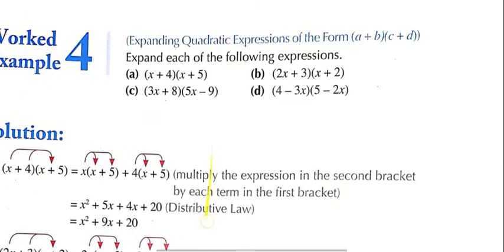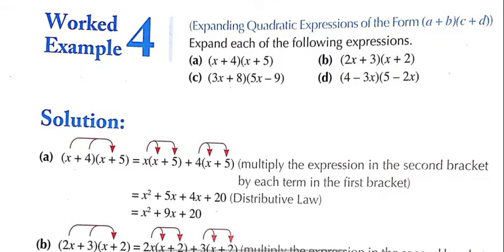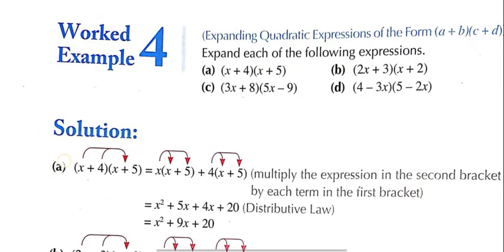Now for work example 4, expand each of the following expressions. So now this one requires a different method, almost the same. So here we go. For number A, you need to times the x first with both of these, x and 5 behind.